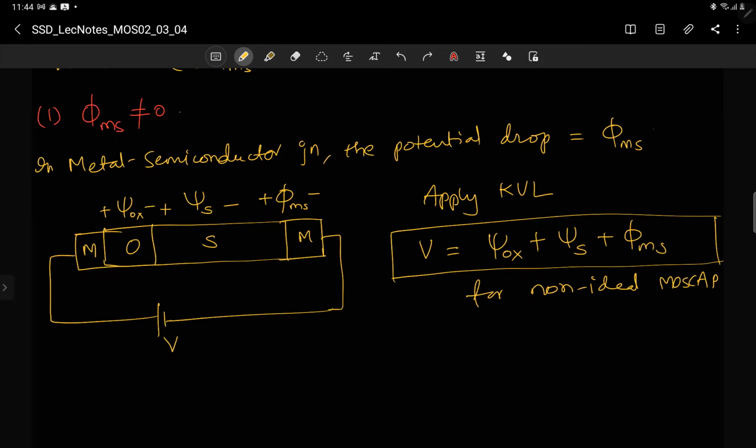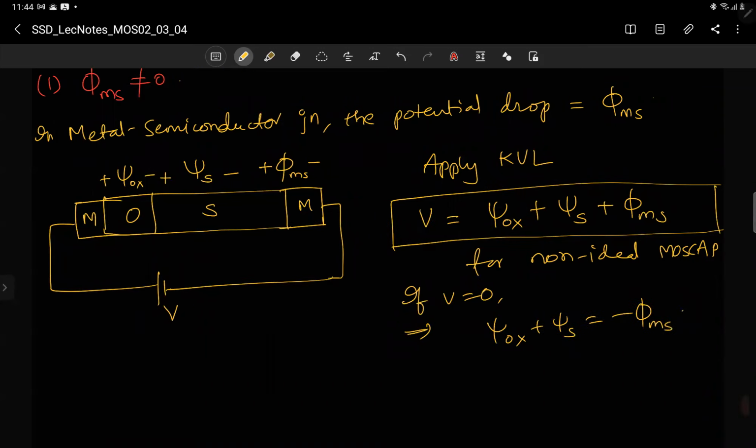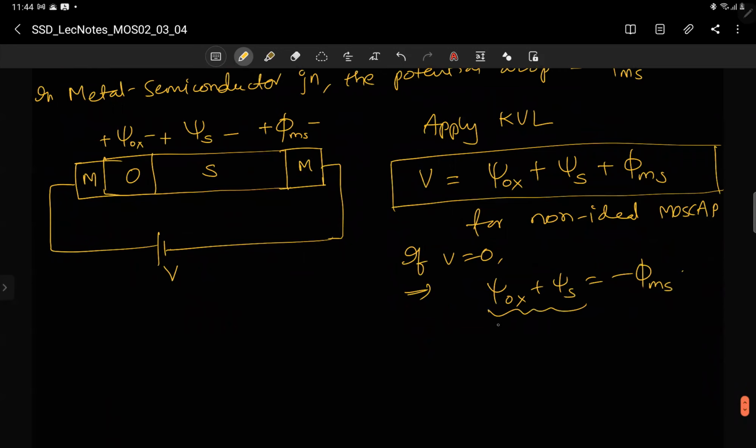If V is equal to 0, implies psi ox plus psi s equal to minus phi ms. So this means there has to be charge in the semiconductor. Okay, because charge cannot be, say, in the oxide. If there is a charge in the semiconductor, then that charge should balance metal charge.